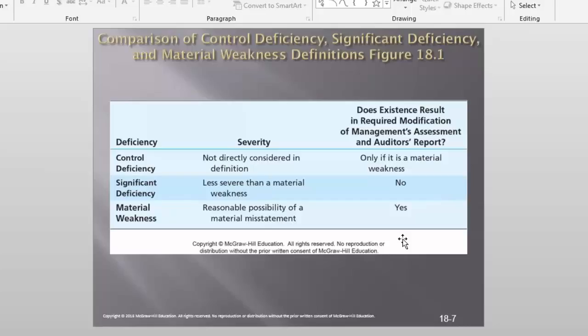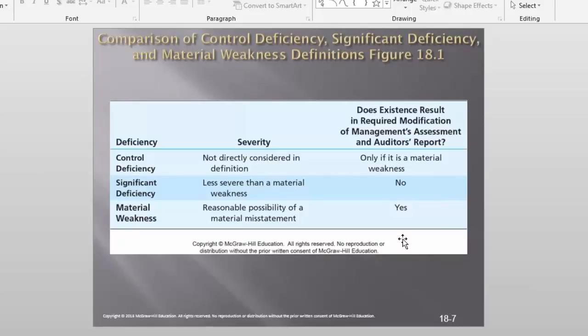Well, from a reporting perspective, the only time that we are reporting in this external report is when there are material weaknesses. So if there are significant deficiencies or just control deficiencies, we're not reporting to the outside world. It's only when we have a material weakness.